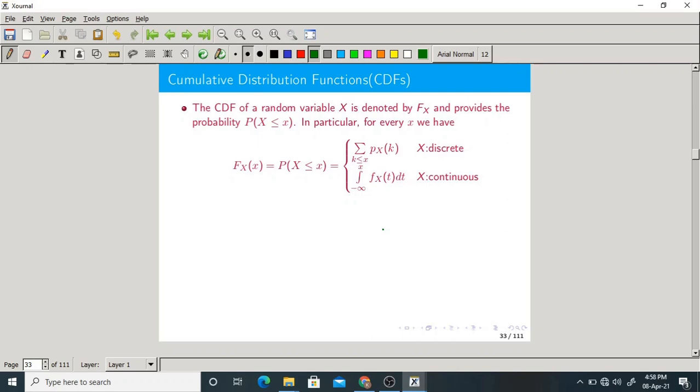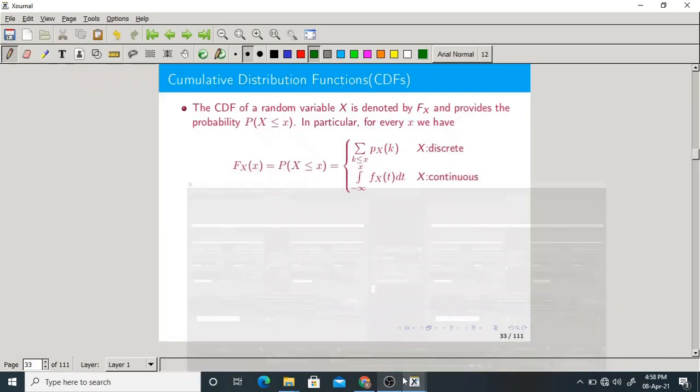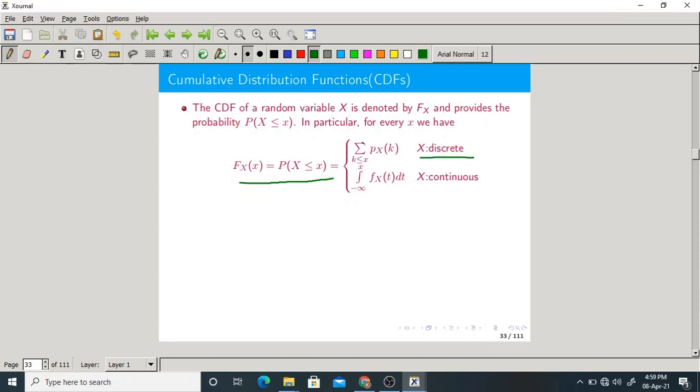So I'm explaining this CDF one more time for the sake of clarity. And now I'm explaining both at a time, continuous as well as discrete. So fx of x equal to the probability that X is less than or equal to x. Now, if it is discrete, we use summation.